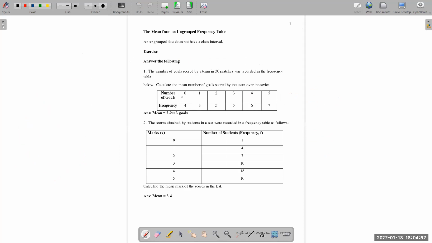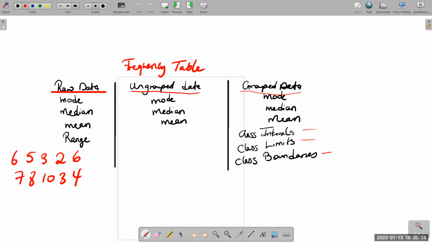So you see here, we have the number of goals listed, and then it tells us how many persons scored those goals. So as you see here, we have 4 persons scoring 0, 3 scoring 1, 5 scoring 2, etc. So before I continue, everybody see what I mean when we talk about the difference between raw data and frequency table data?